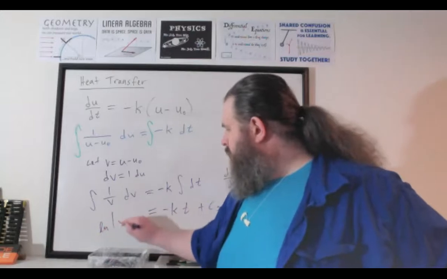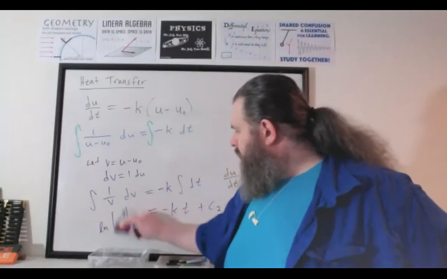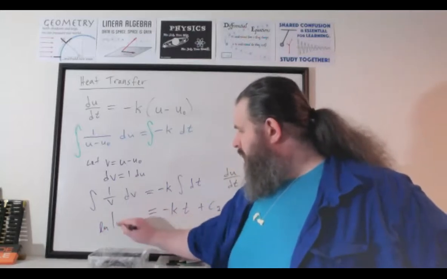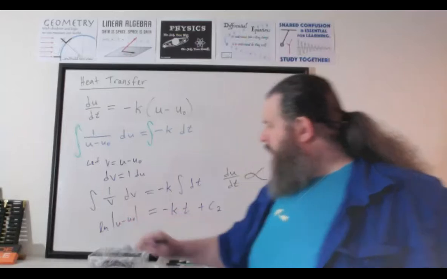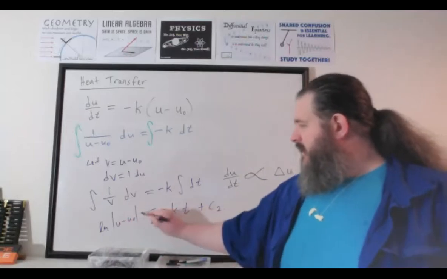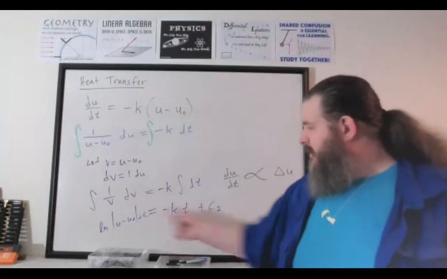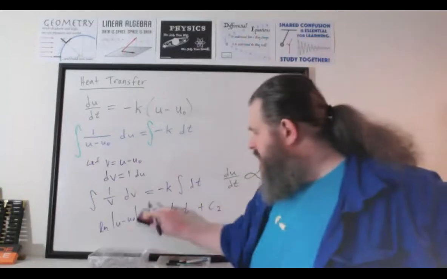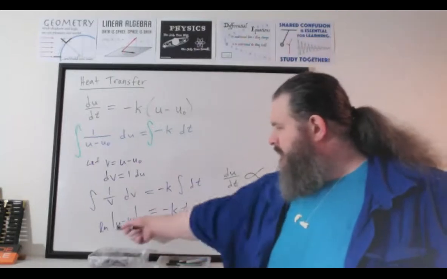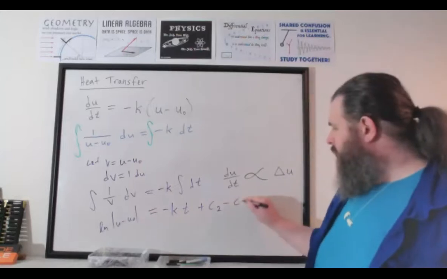Right. And then v being u minus u naught. Yeah, so we can fill that in, logarithm of u minus u naught. And strictly speaking, we would have a plus c on this side as well. Yes, plus c1. But since we have a plus a constant on both sides, we could subtract the c1 from both sides, because we ultimately want to solve for u anyway.